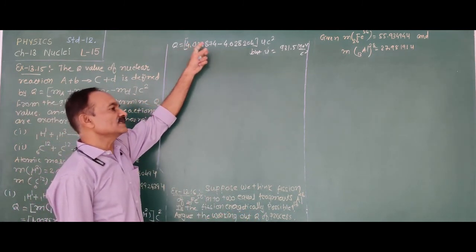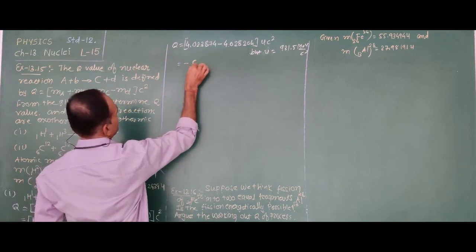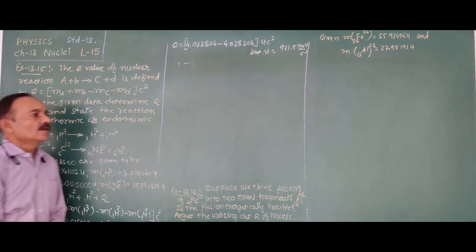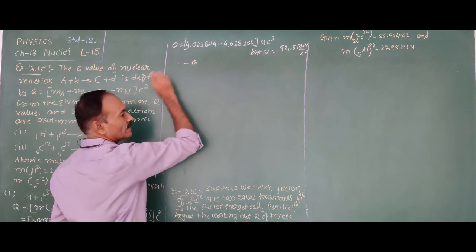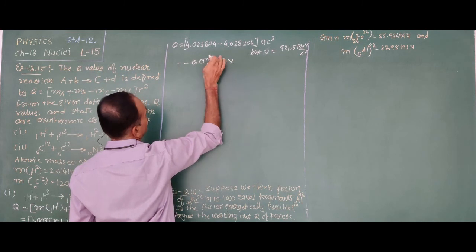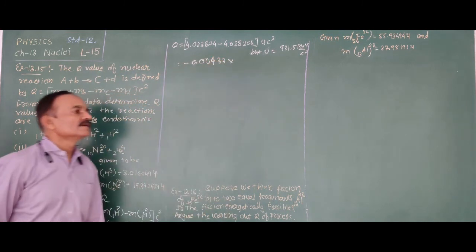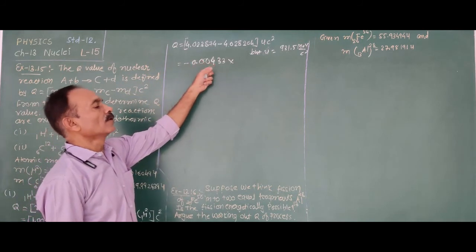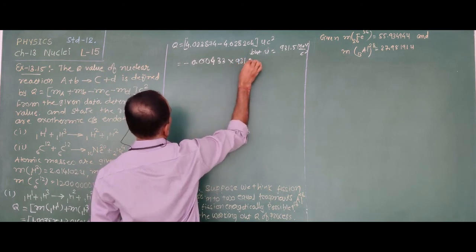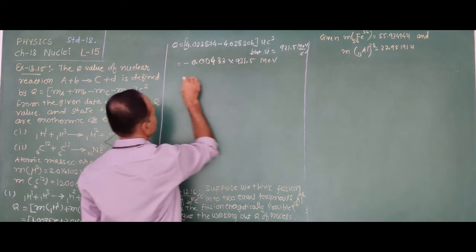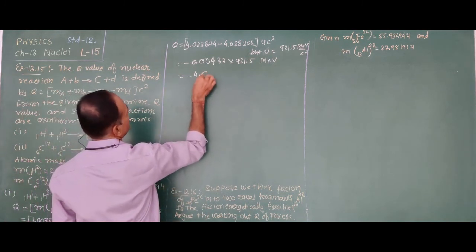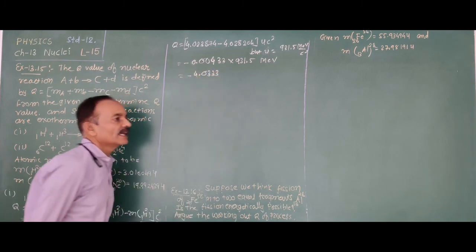So the subtraction of this portion is minus 0.00433, into the value of u, 931.5 MeV. So the multiplication of this is minus 4.0333 MeV.